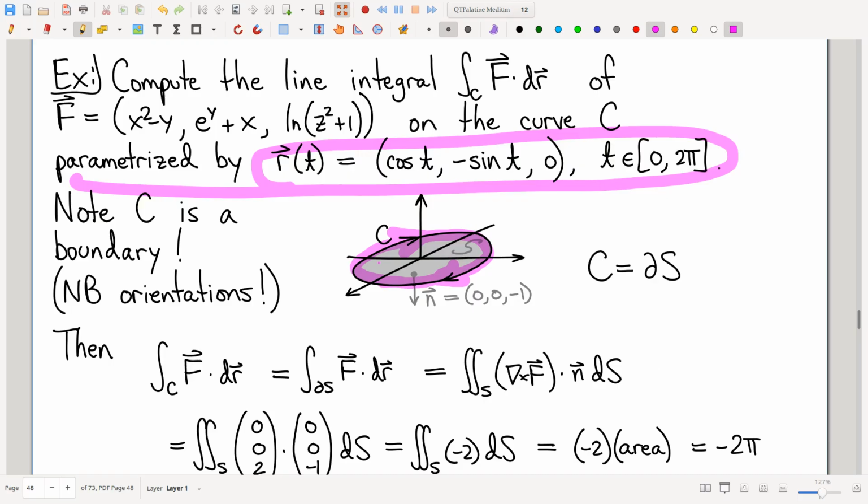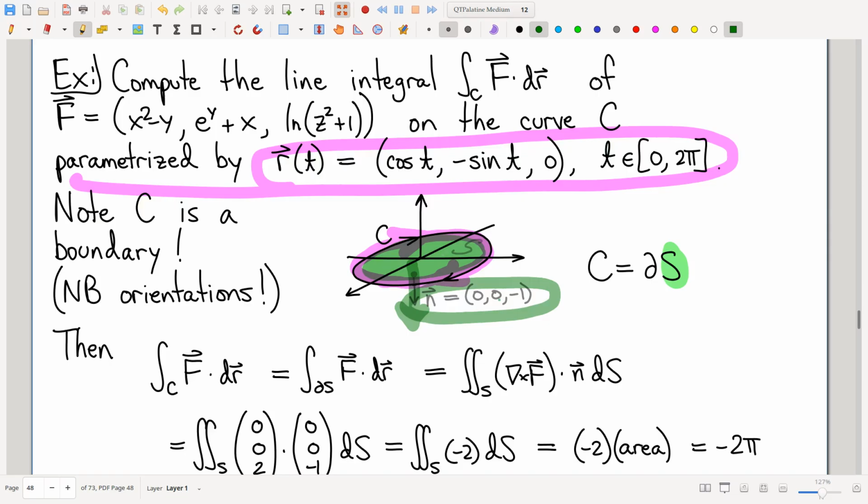So this works just fine if you set up your surface to be the obvious disk oriented downward. And again, right hand, thumb in the direction of that surface normal. Look at the fingers of my right hand, and indeed, they swirl the correct direction.